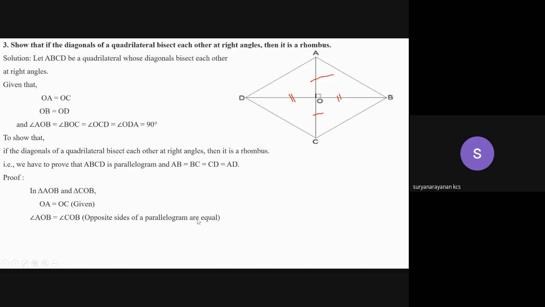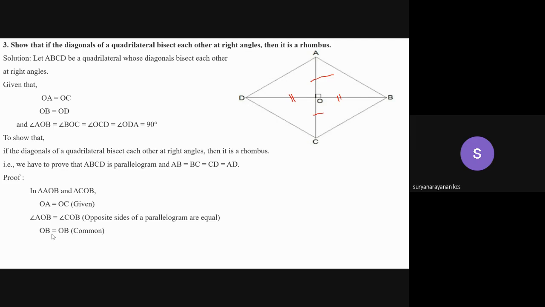Yes or no? So I will correct this statement also. They are bisecting each other at right angles. That is 90 degrees. Okay. OB is equal to OB. It is a common side.